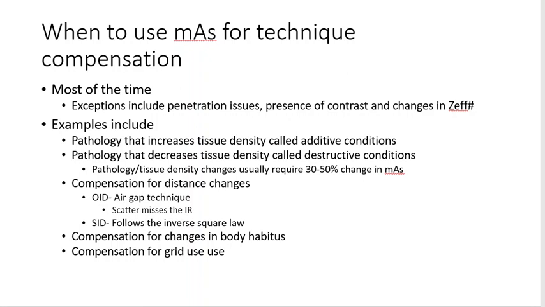Now, if we have some hypotheticals, then we might mix some mAs and some kVp for adjustment as well. Let's say, for example, you have a situation where you've got a patient who is pregnant.